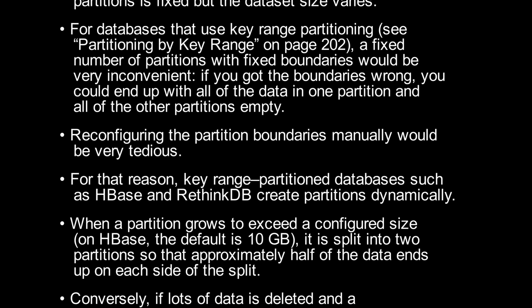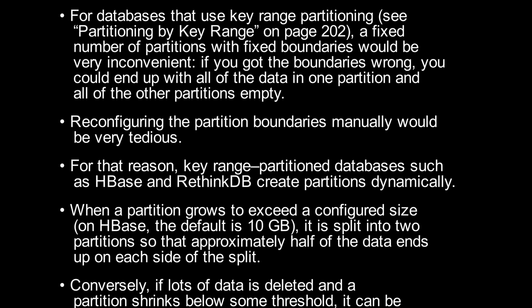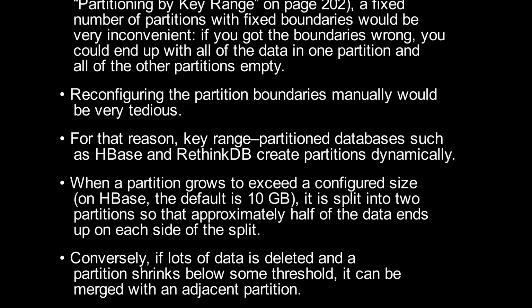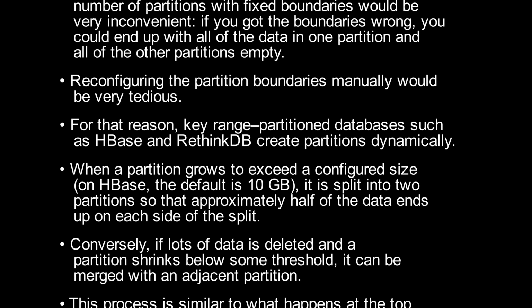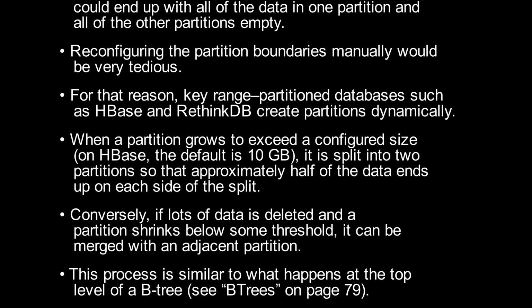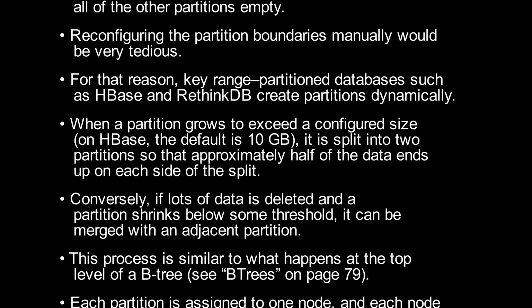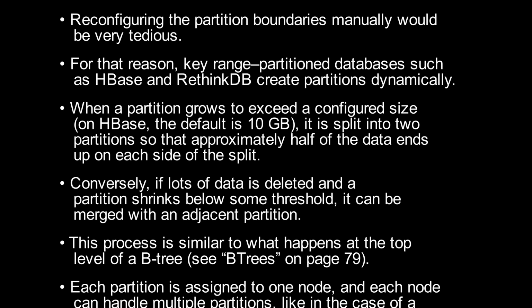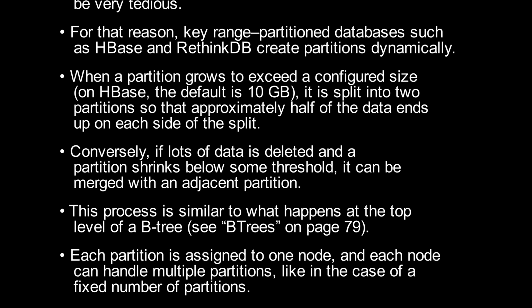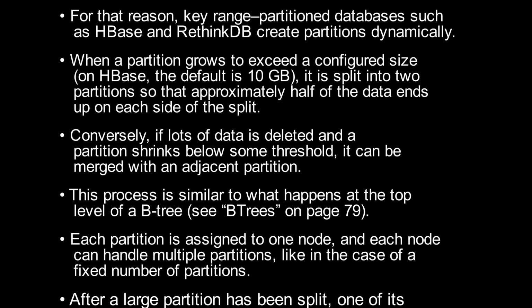When a partition grows to exceed a configured size (on HBase, the default is 10 GB), it is split into two partitions so that approximately half of the data ends up on each side of the split. Conversely, if lots of data is deleted and a partition shrinks below some threshold, it can be merged with an adjacent partition. This process is similar to what happens at the top level of a B-tree (see B-trees on page 79).